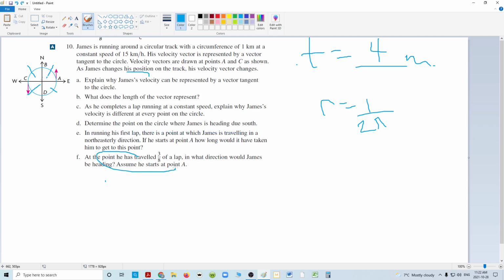At the point he has traveled 3/8 of a lap, in what direction would James be heading? Assume he starts at A. Great, we just figured that out. So that's 1/8 right there, right? That's 2/8. Once he hits 3/8 here, he's heading in this direction.